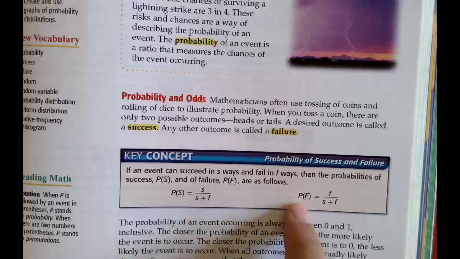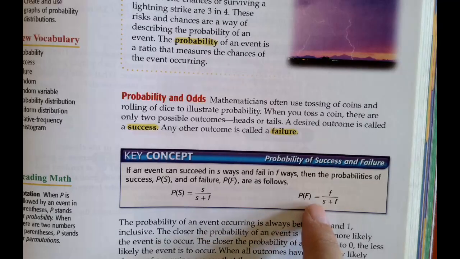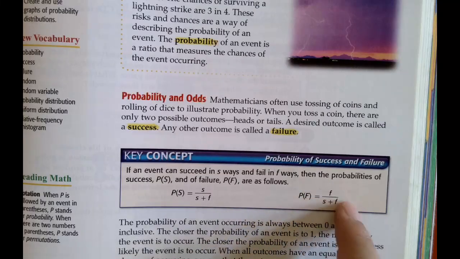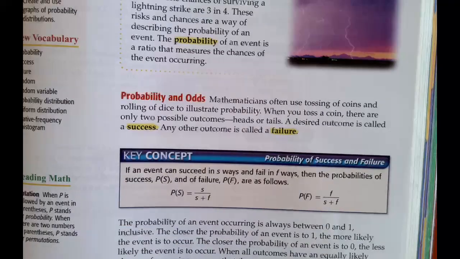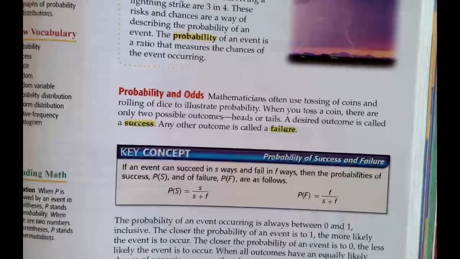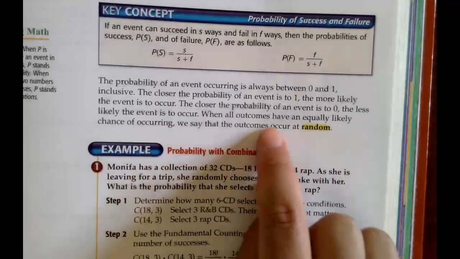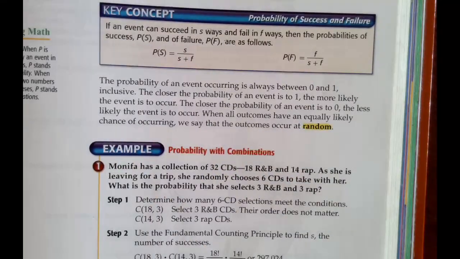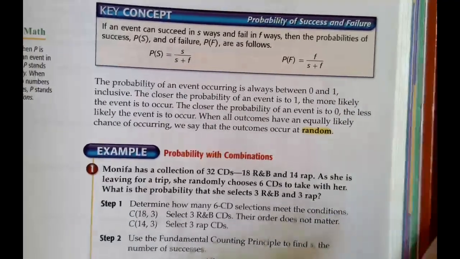The probability of failures, right, capital P for probability, F for failures, equals the ways in which we can fail over the total amount of successes and failures together. And when all outcomes have an equally likely chance of occurring, we say that the outcomes occur at random.